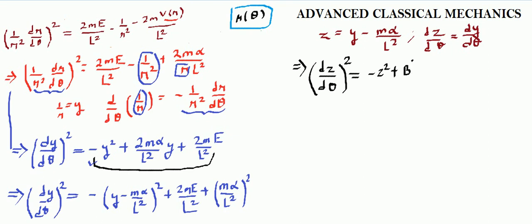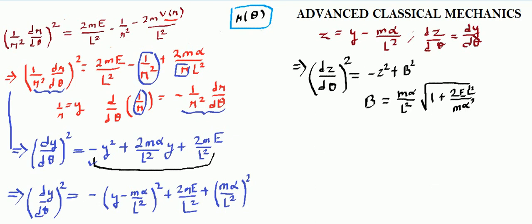Now let's see where b came from. b was just a definition, where b is m alpha by L square into root of 1 plus 2E L square divided by m alpha square. L is angular momentum, E is the total energy.